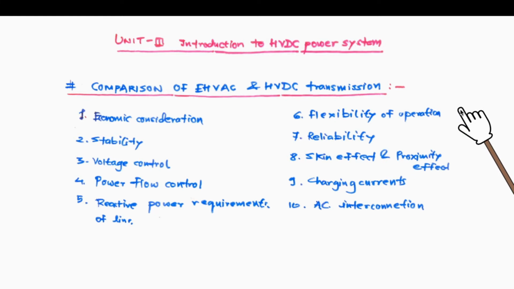Before we take up this comparison directly, let me just give you a brief idea that major part, almost like you can consider 95% or higher power transmission in India at present is based on extra high voltage AC transmission at various voltage levels, right from 765 kV, 400 kV, then 220 kV and 132 kV.